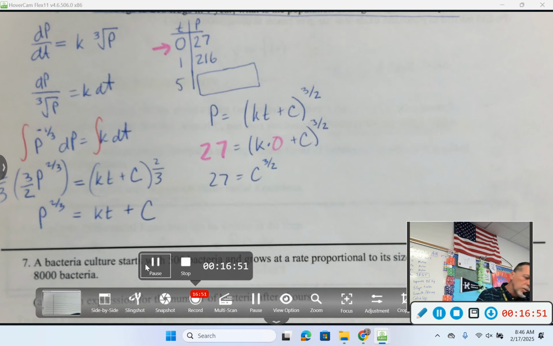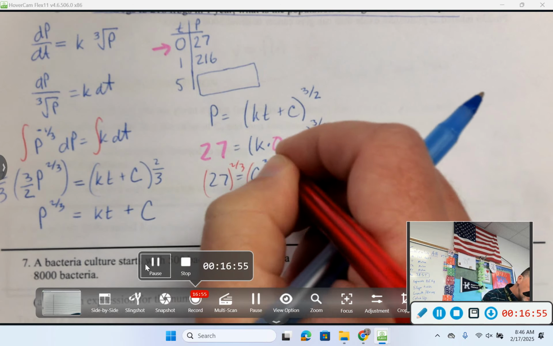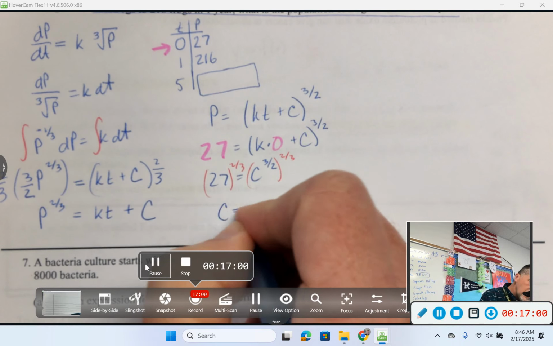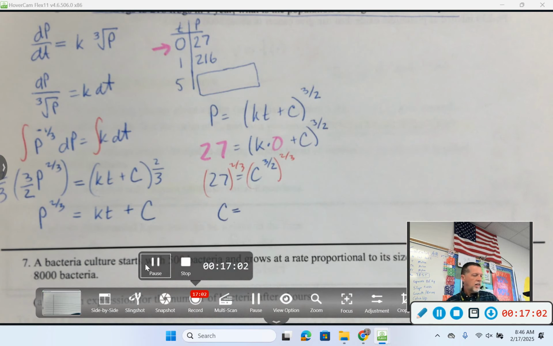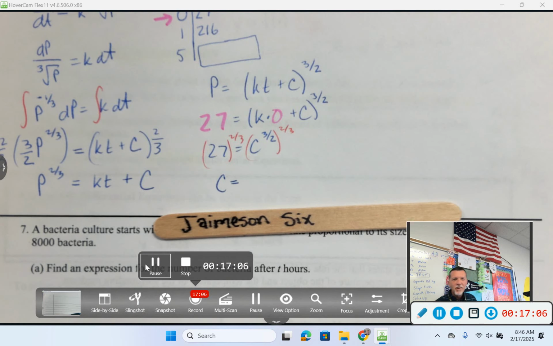Let's do 2/3 on both sides. Jameson, you remember your power rules well enough to figure out what 27 to the 2/3 is? The root's on the bottom, the power's on the top.